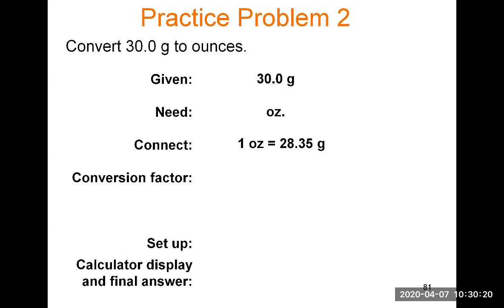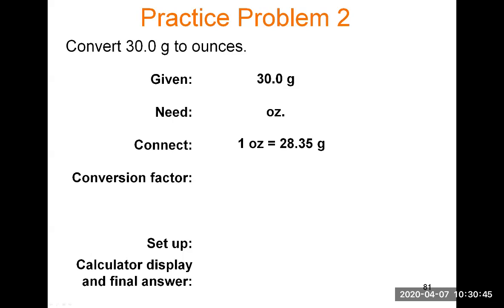So that's the one you will want to use that relates directly grams to ounces. So out of this equality, there are two conversion factors possible. So you need to decide how to write your conversion factors for this problem. The given amount is in grams. So you want to cancel grams.